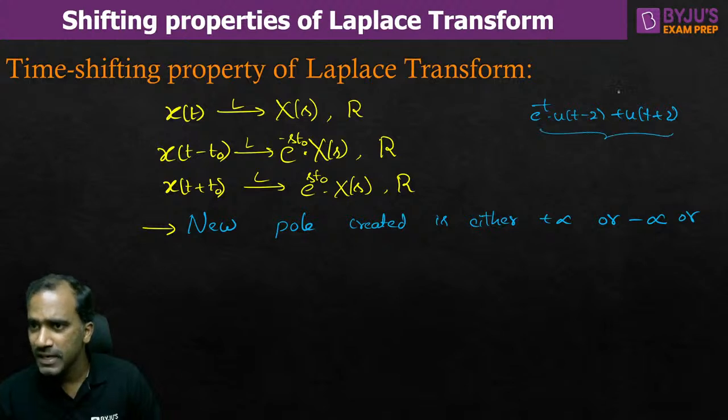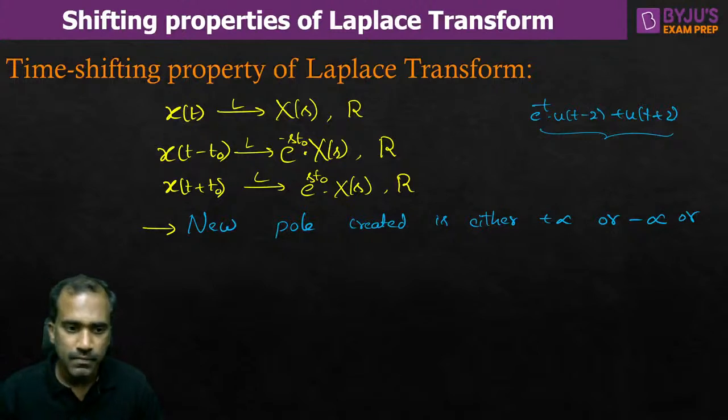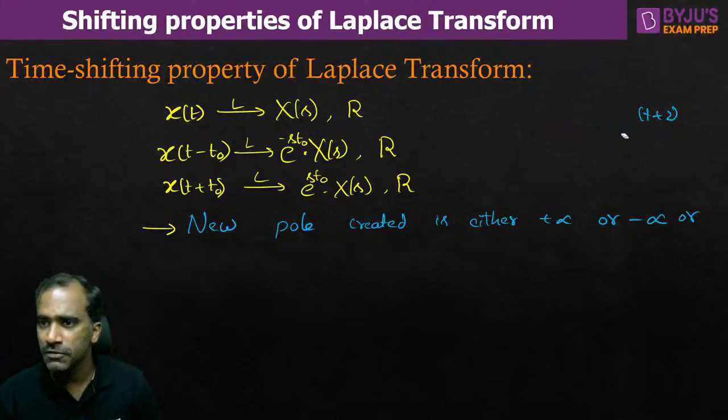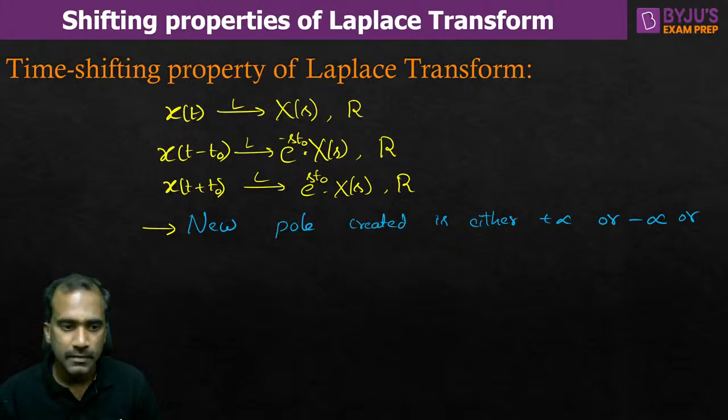When you have this kind of signals, there is a possibility of plus infinity and minus infinity both being created as poles. When there are multiple functions, both poles can be created. The new pole created is either plus infinity or minus infinity or both.